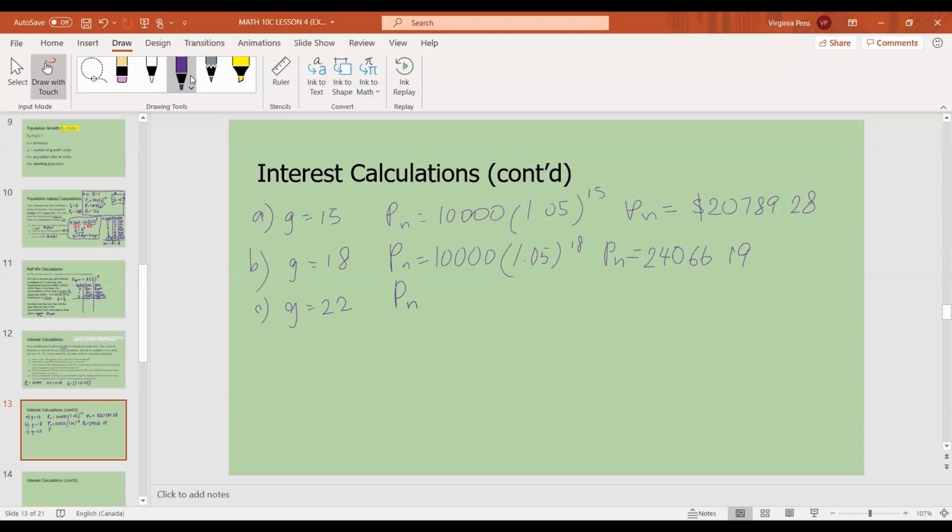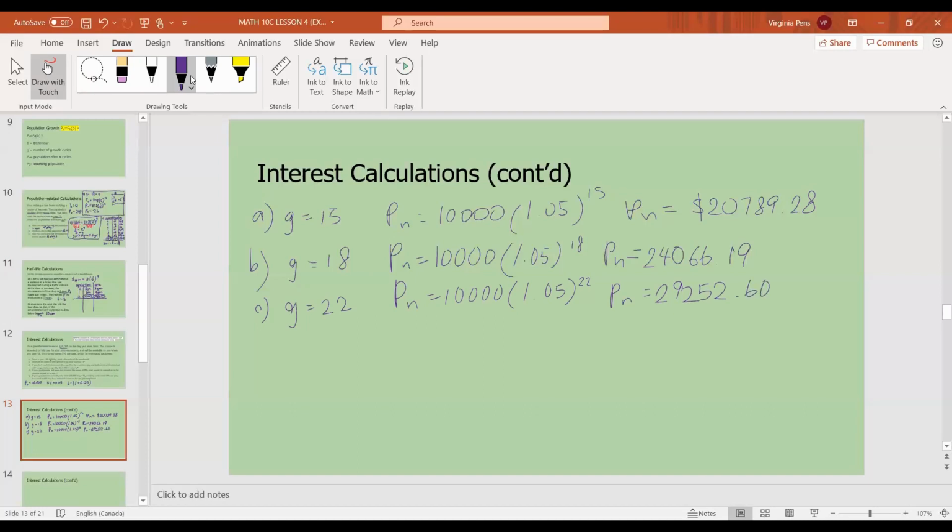Same thing, Pn is equal to 10,000 times 1.05 to the power of 22, which is 29,252.60.